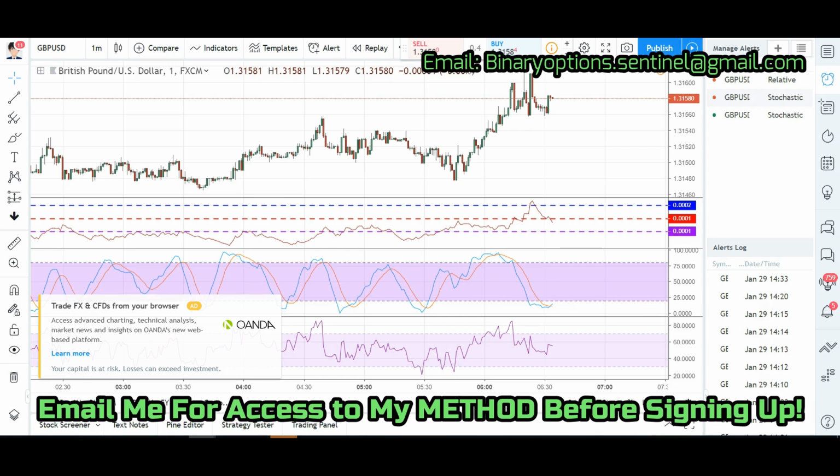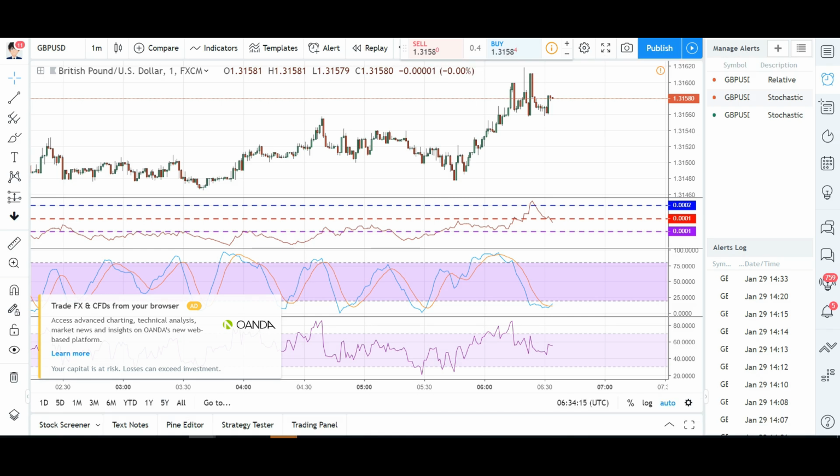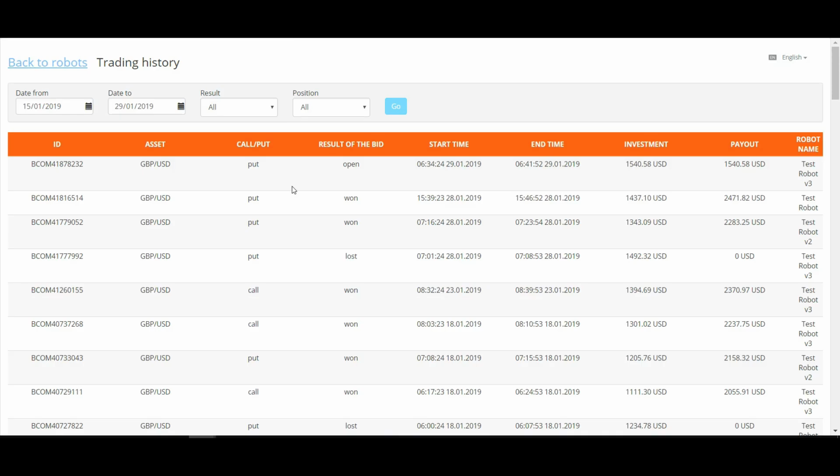That is why we choose to use method D instead. So that's the clear difference from method C. Method C is for ATR level that's holding above the red line, and method D is for between red and purple. Okay, alright, so we have an open put trade at 6:34 right now.